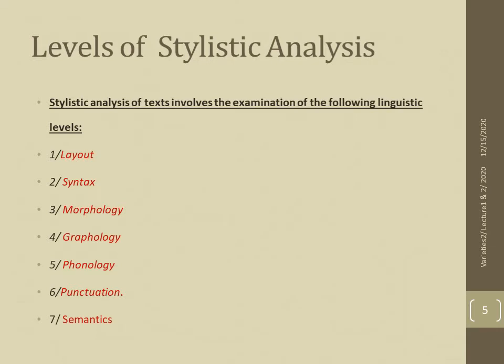And you should also look at the syntax. Syntax involves the grammar, syntactic forms of sentences and phrases, types of sentences. Are they simple, compound, complex, phraseology in general. And you should also look at morphology, that is wording and diction, vocabulary, are there any deviant use of vocabulary, and so on.